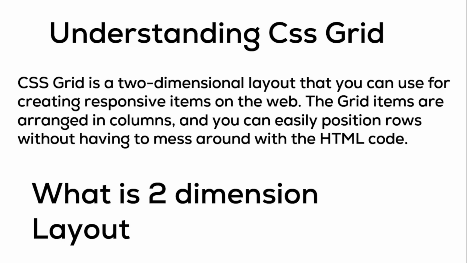So let's go into it. CSS Grid is a two-dimensional layout that we can use for creating responsive items on the web. Grid items are arranged in columns, and you can easily position rows without having to mess around with the HTML code.